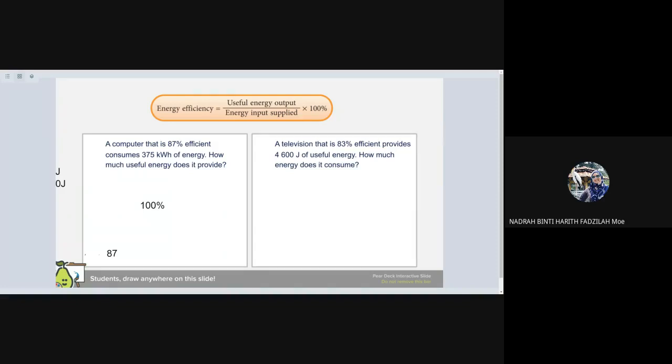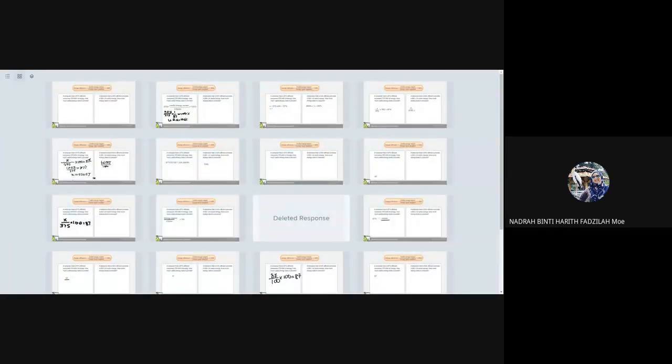And then for the TV question, it wanted to find out the energy input supply. How much energy does it consume? Basically samalah dengan energy input supply. Okay, the question wanted to know what is the energy input supplied, walaupun ayat dia lain macam sikit kan. Okay, Luz Haikal, Ada, Amita, Adani, Putri Dania, Irsyad. Let's calculate.